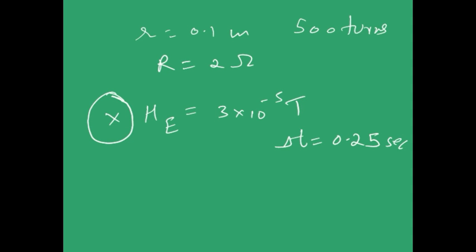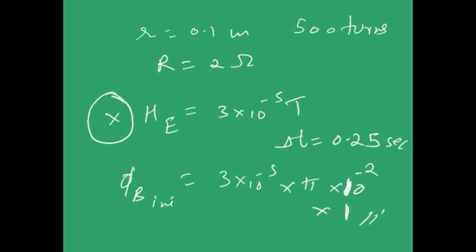Say the area vector is pointing into the screen, so my initial flux will be BA cos theta, that is 3 into 10 power minus 5 into area, pi r square, 10 power minus 2, and cos 0 is 1. This will be my initial flux, that is nothing but 3 pi into 10 power minus 7 Wb.